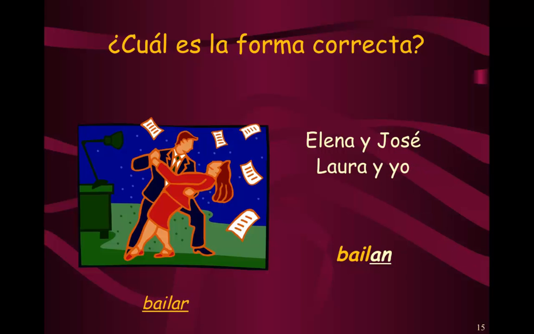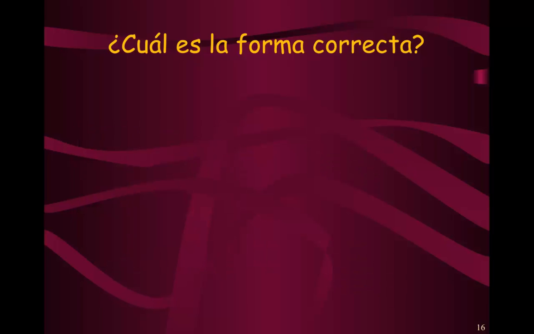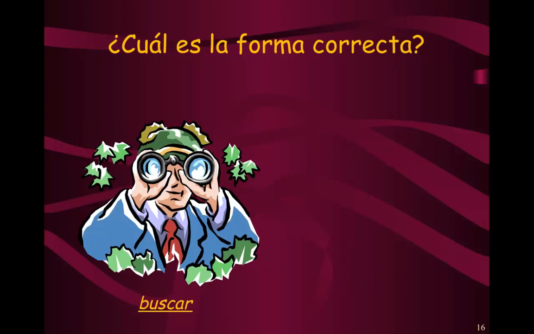Laura y yo. So anytime our subject is something y yo, we're including ourselves. So that's first person. So that would be the nosotros form. So someone y yo is always the nosotros form. Bailamos. Buscar, to look for. Vosotros look for. Y'all look for. Buscáis.